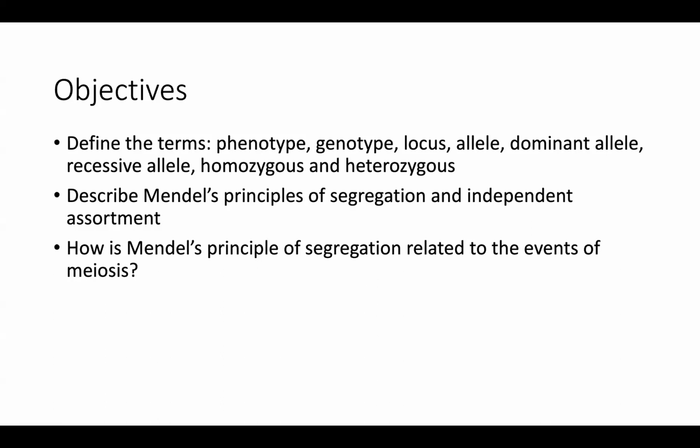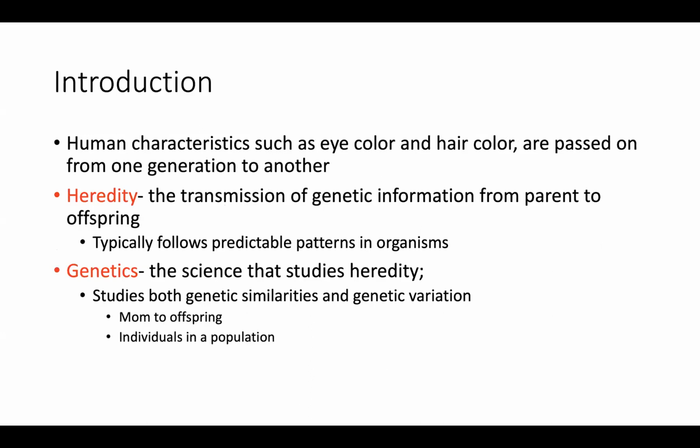We were able to learn and elucidate a lot of information about how reproduction and genetic crossing and breeding patterns occurred. And so we refer to those principles as Mendelian genetics. And so we'll take a look at some of those today.